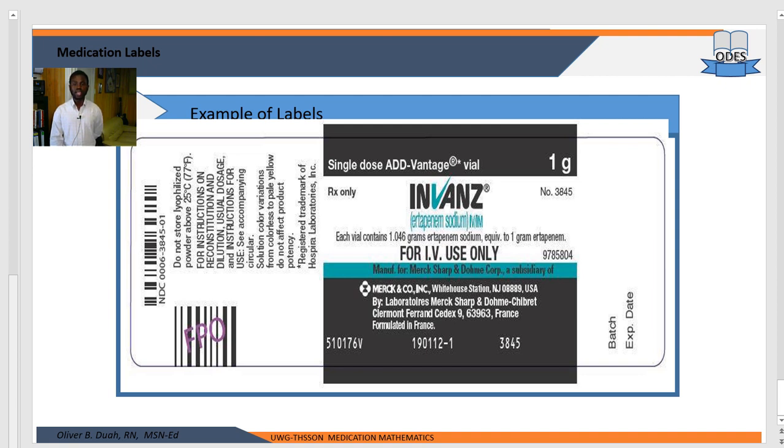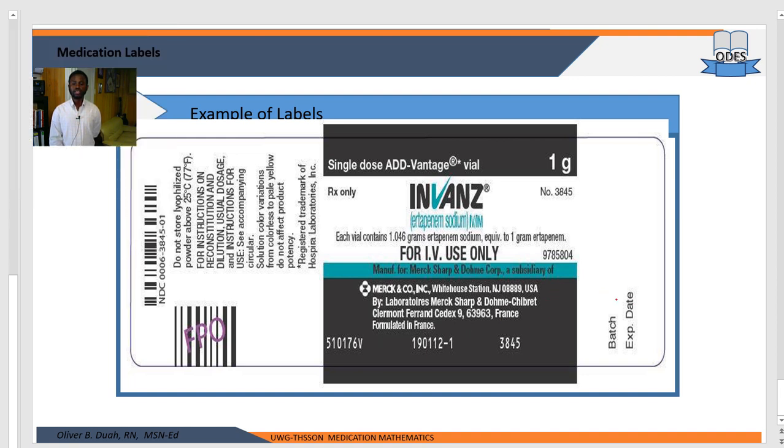Invanz is another example of a medication that we normally reconstitute. So Invanz is the brand name or trade name, and then you have the generic name that is ertapenem sodium. And this is for IV use, so it gives you the route of administration.